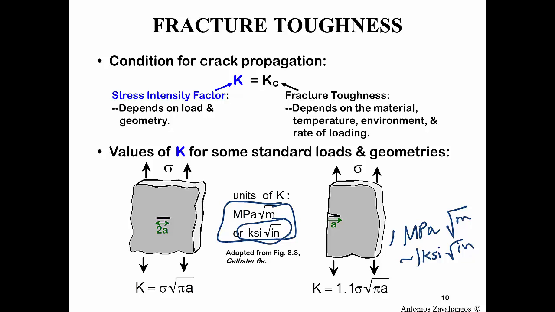The next thing that I wanted to indicate to you is that different crack geometries create different stress intensities, and you can see this in these two geometries, where here we have a full crack of the size of 2a, and here we have a surface crack that has a size equal to a, and in this case the stress intensity is this, as we discussed before.